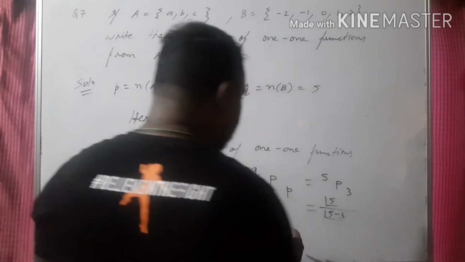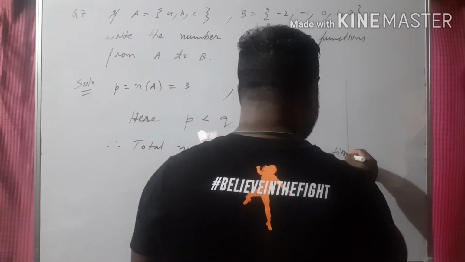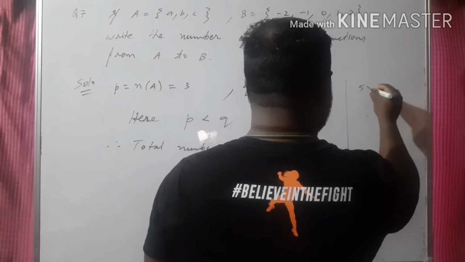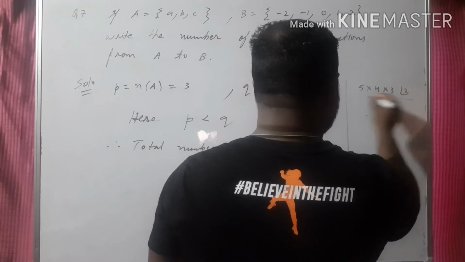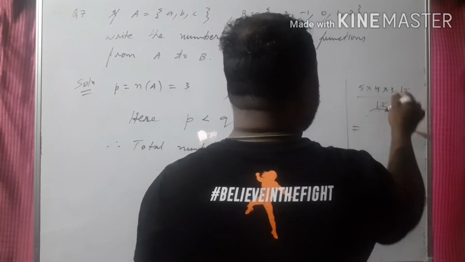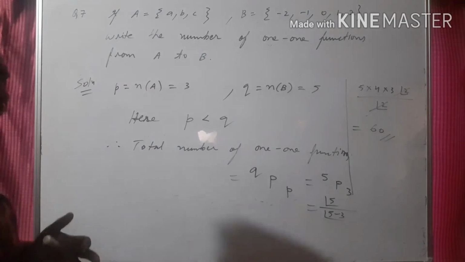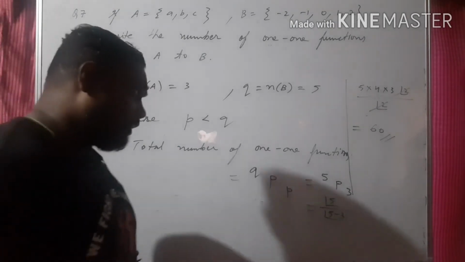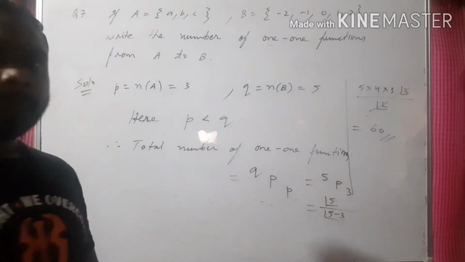It will be 5 into 4 into 3 factorial 2 by factorial 2, so I get 60. So there will be 60 1-1 functions from A to B.